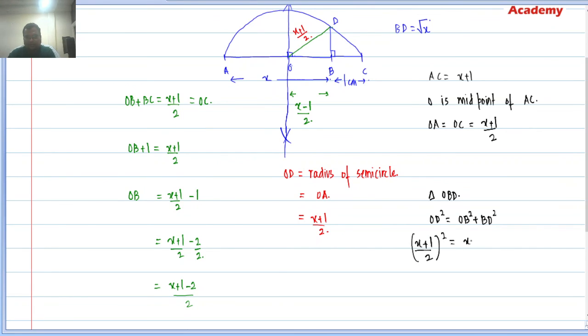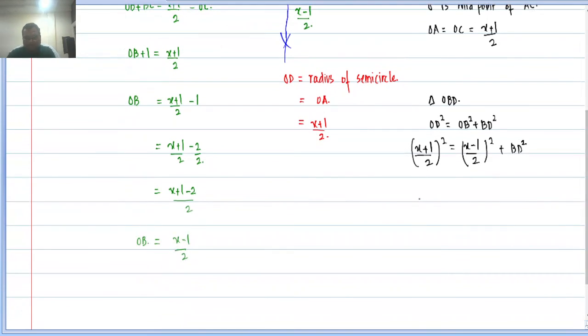OB is what? x minus 1 upon 2, the whole square plus BD square. So what is your BD square? x plus 1 upon 2 the whole square minus x minus 1 upon 2 the whole square.